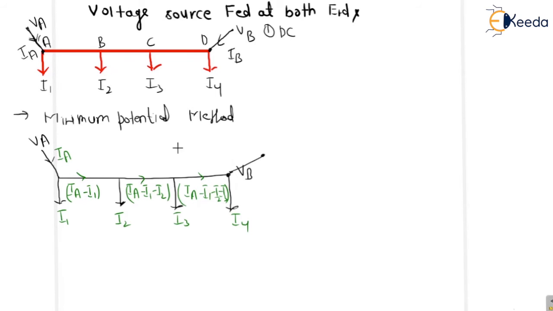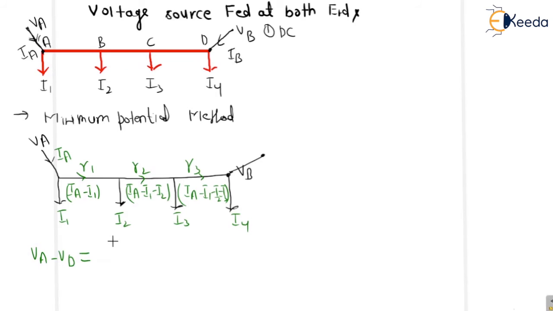These are the current flows, and this is R1, this is R2. We are discussing DC. Now we will find the voltage VA minus VD. How can we write it?